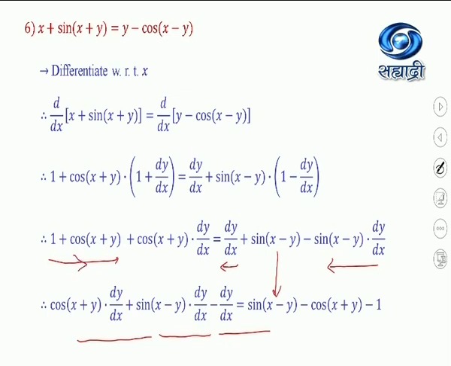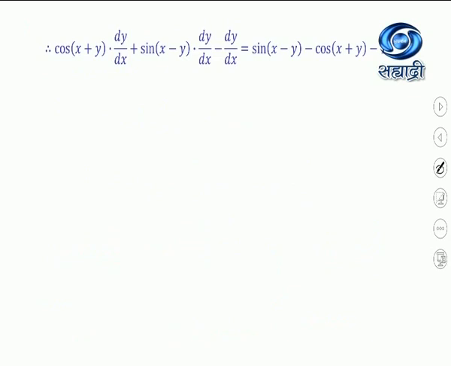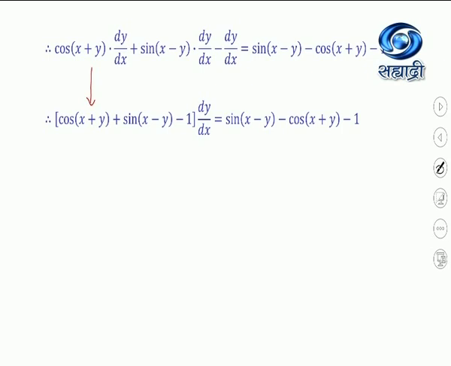Take both the terms on that side, they become minus, and we get minus cos x plus y minus 1. So our next step is this, cos x plus y as it is, then sin x minus y as it is, and here minus 1 as it is.